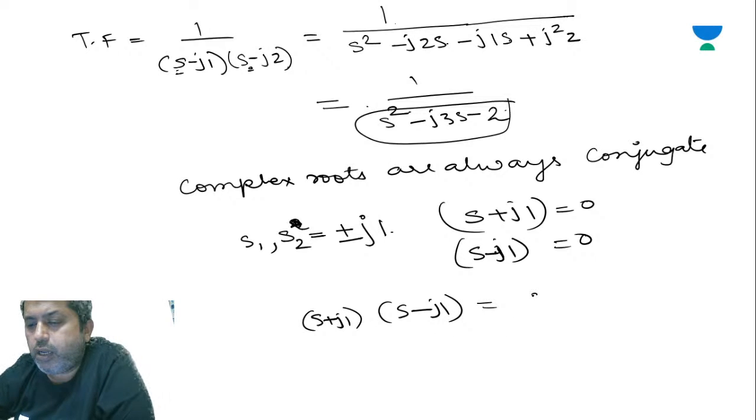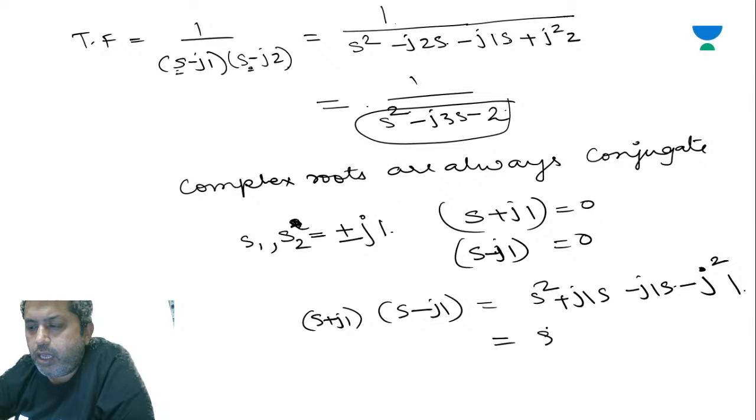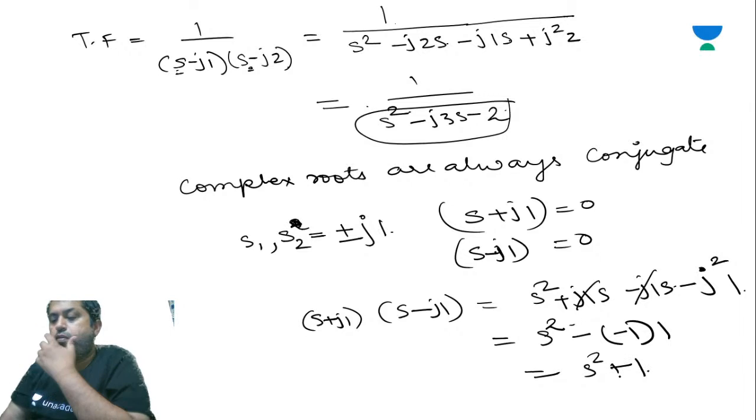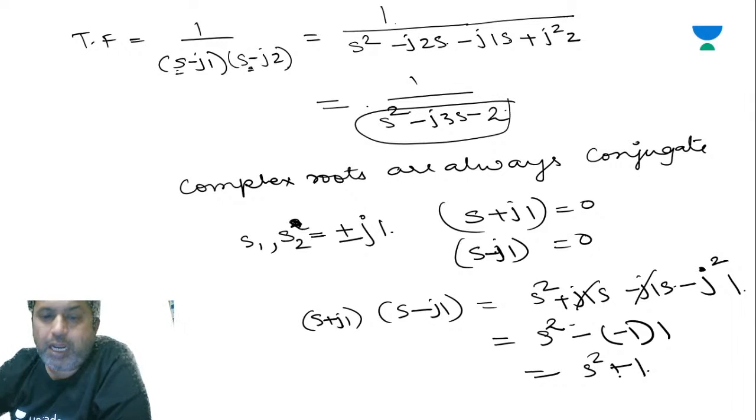Expanding, the j1s terms cancel, and minus of j square 1 is plus 1, so we get s square plus 1.